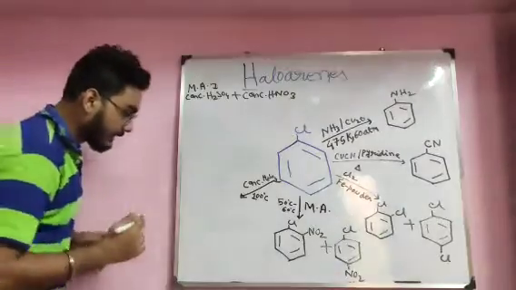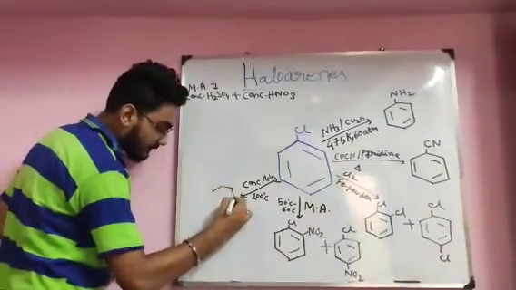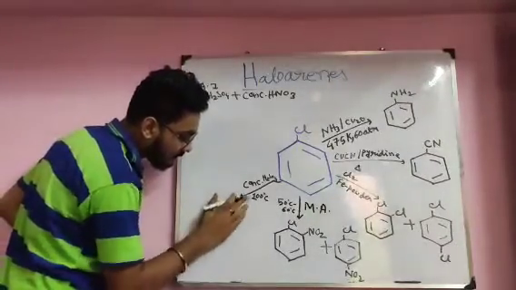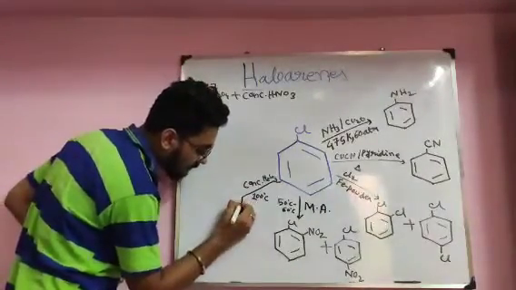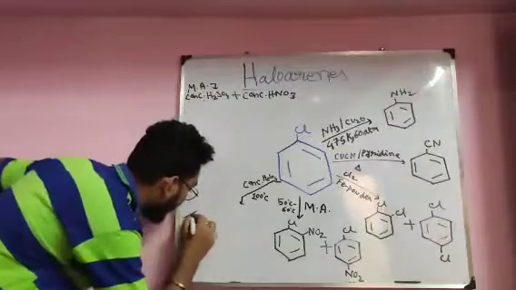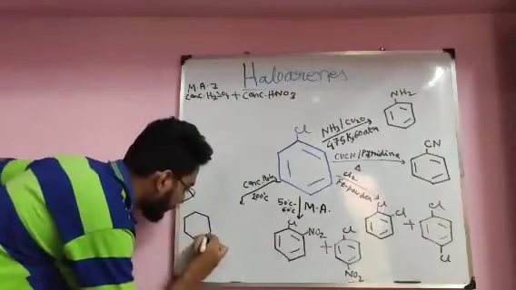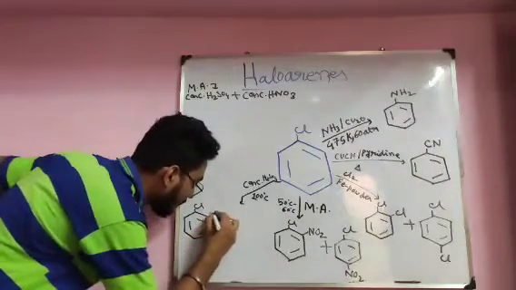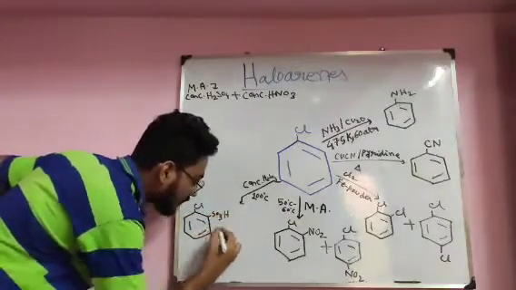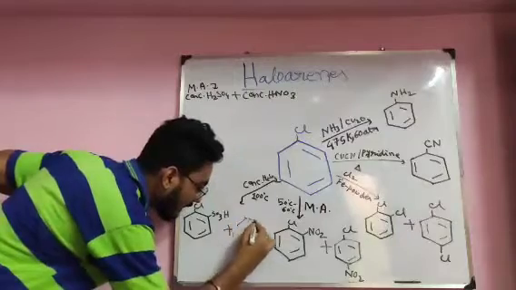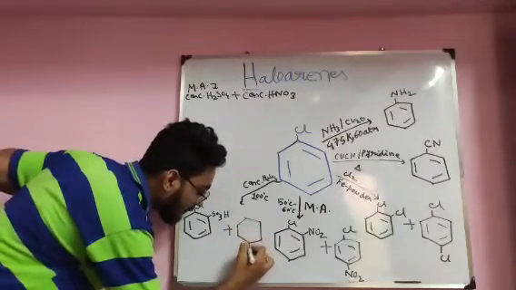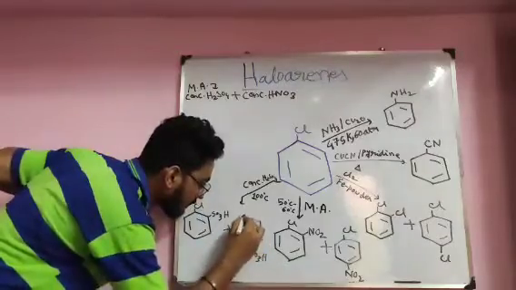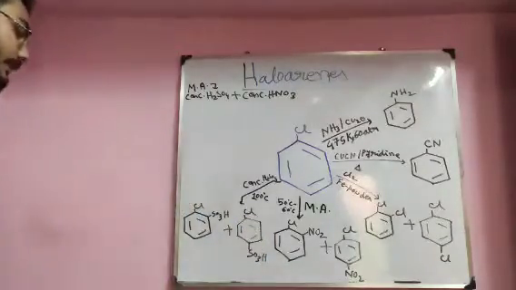Then the product will be one is ortho position SO3H and another will be in para position. Okay.